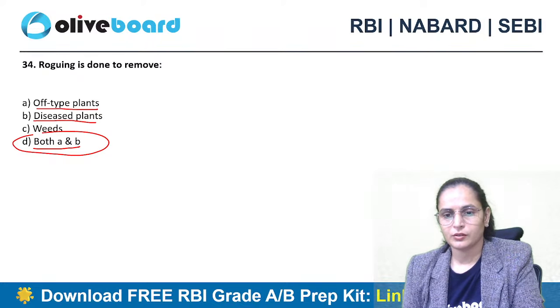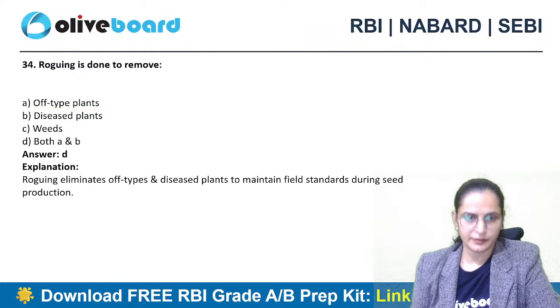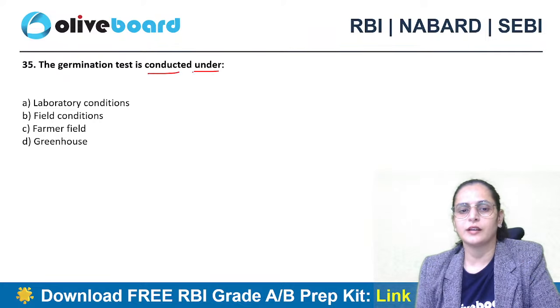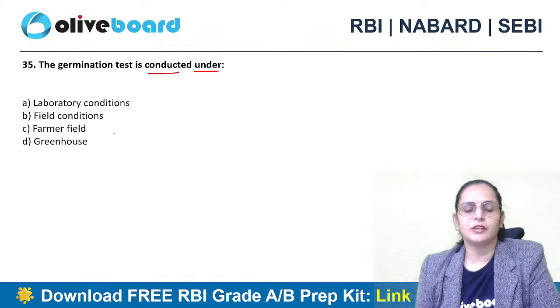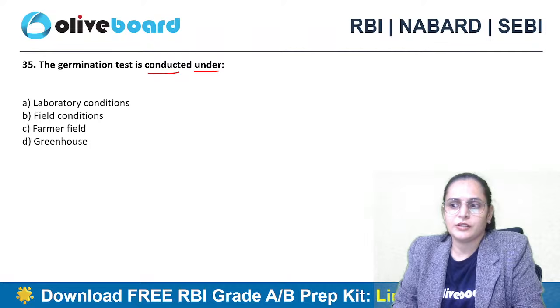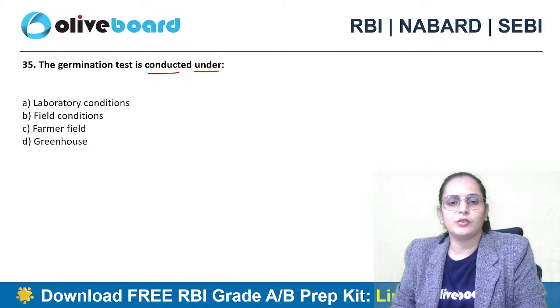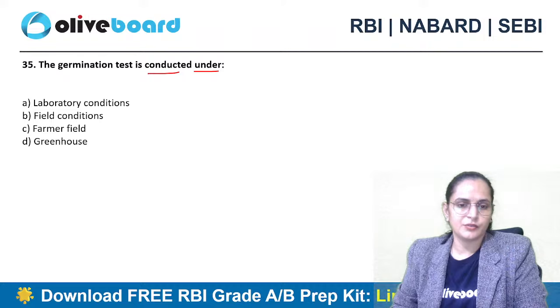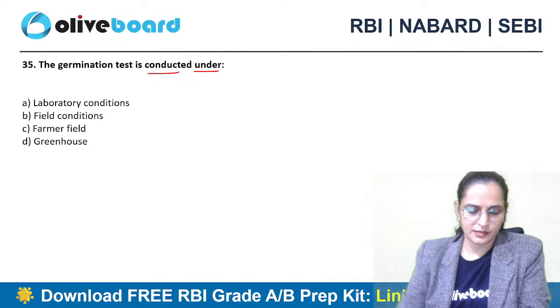Now moving on, question number 35: the germination test is conducted under what? When we do the germination test of the seeds, what specific conditions do we choose? During laboratory conditions, during field conditions, in the farmer's field, or in the greenhouse? It's a very general, basic kind of question.